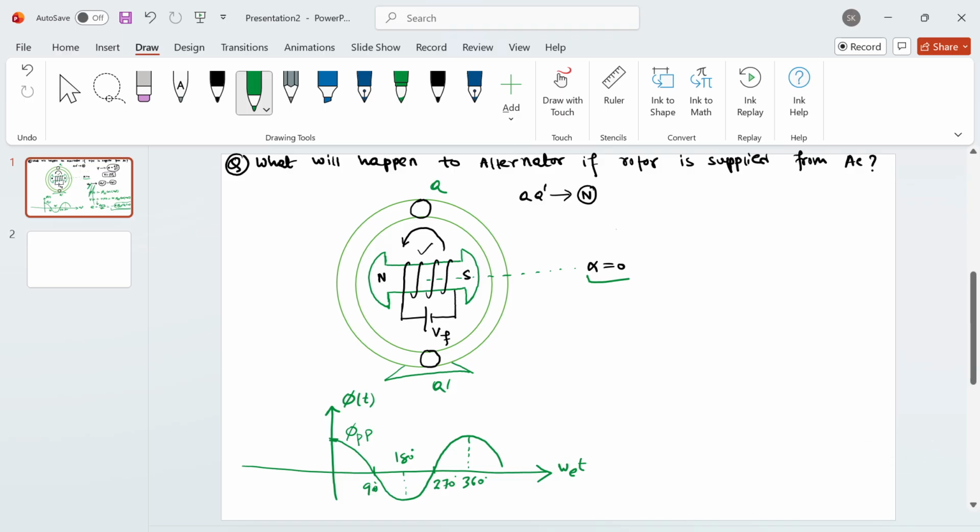Now let's say you are supplying this field voltage from an AC source, VF, it is an AC source. Okay, and if it is an AC source, let's say take a cosine waveform. Let's say your field current i_f of t with respect to t is cosine in nature.